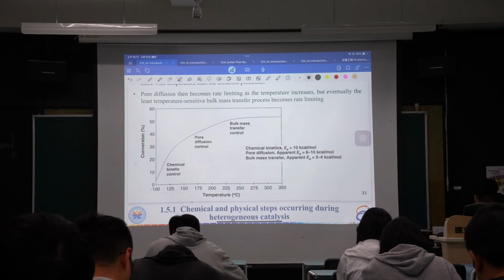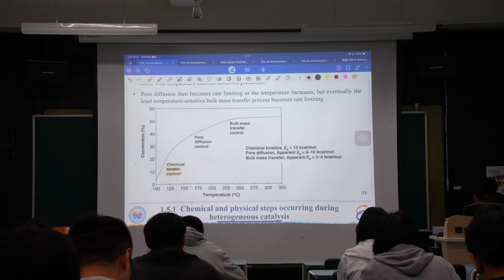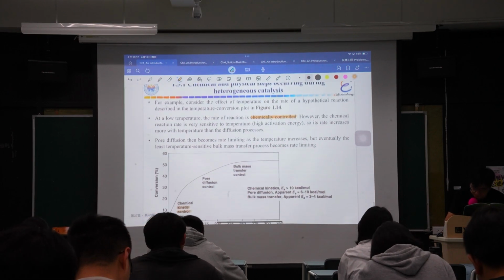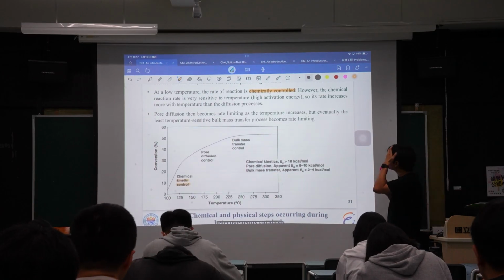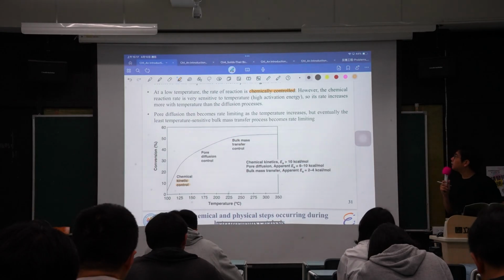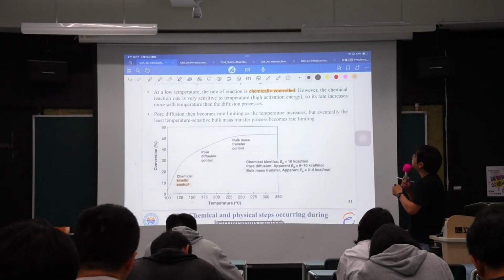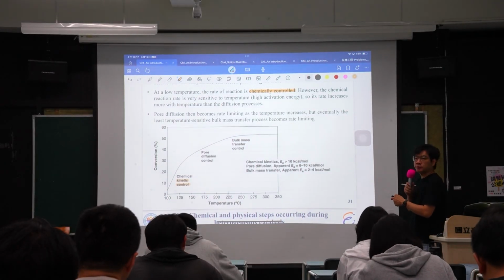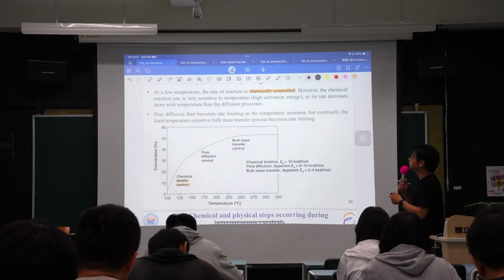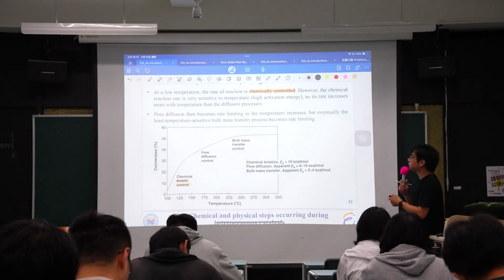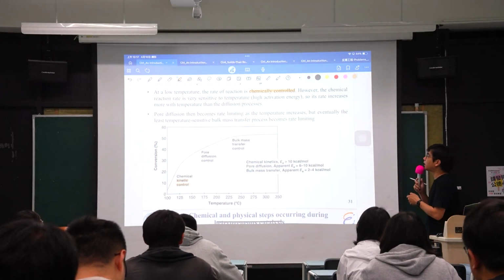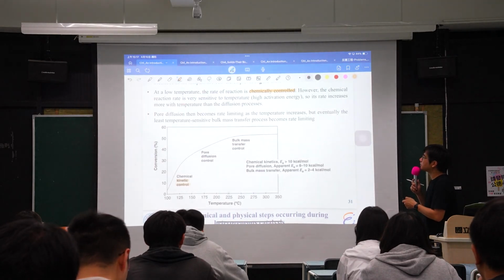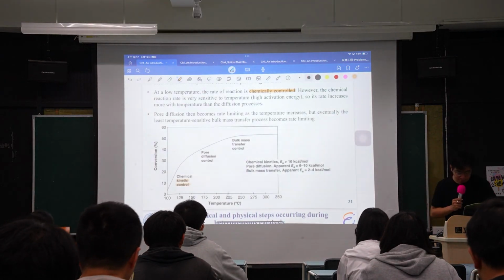This part is kinetic control. However, the chemical reaction rate is very sensitive to temperature, because the kinetics have a high activation energy, so its rate increases more with temperature than the diffusion process.